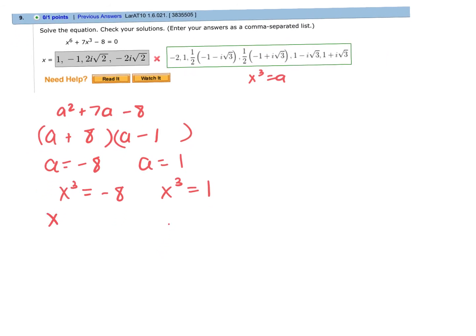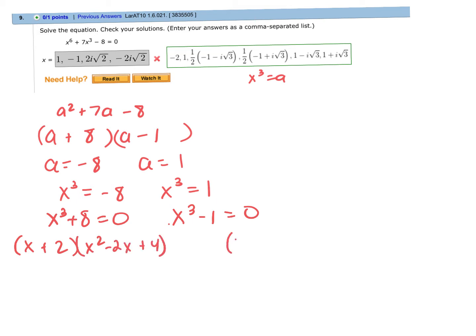And these are actually perfect cubes. So you have to cube root. And then this would be -2, this would be +1, and these you have to do the quadratic on.